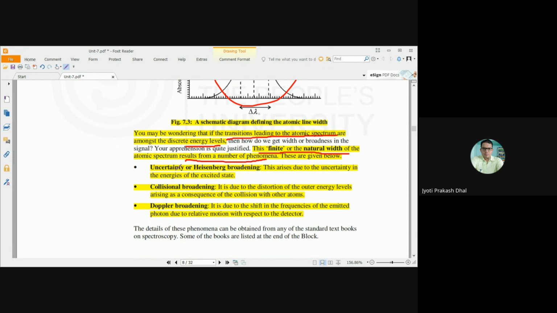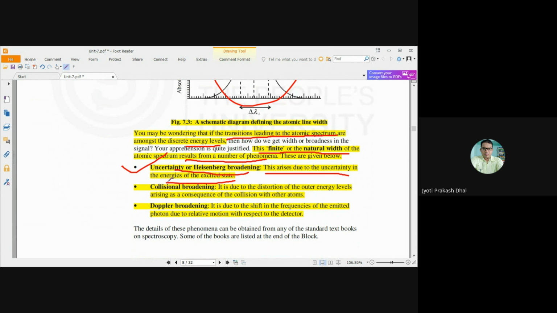The first one is uncertainty or Heisenberg broadening. This arises due to uncertainty in the energies of the excited state. Theoretically, for atomic spectra the line should be a very sharp line, but in the practical case, line broadening will be there.